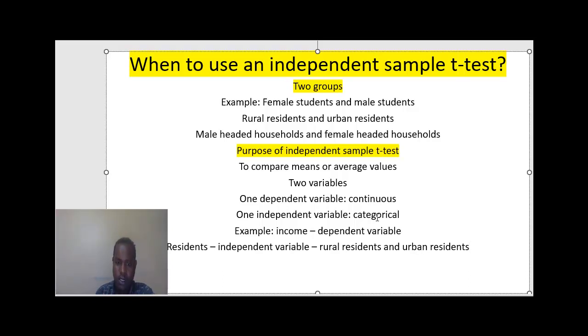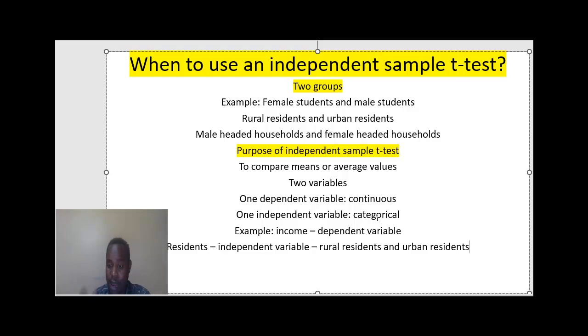when one is answering a question when to use an independent sample t-test, he would answer like we would use independent sample t-test when we have one dependent variable which is continuous. And give me a little latitude to explain a continuous variable.